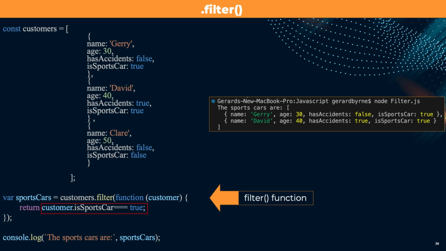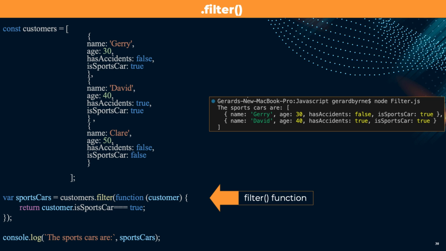So it returns it if the sports car has been set to true. So in this case, it should return Jerry and David. So if we look over here, it returns Jerry and David, and it returns the whole object because that's what we've said. We're not saying we just want the name or anything like that. So we can code that example and see what happens.